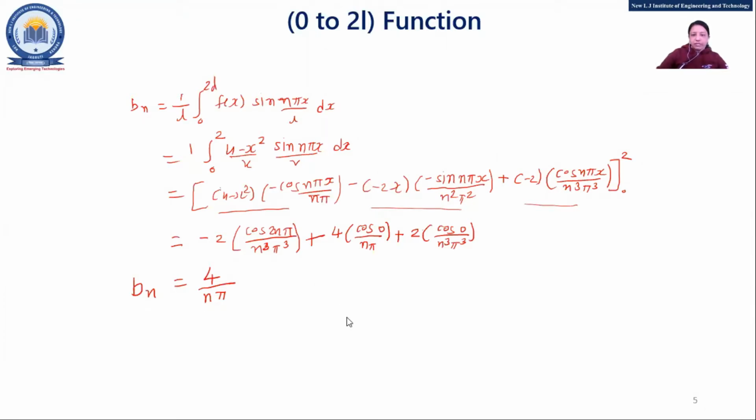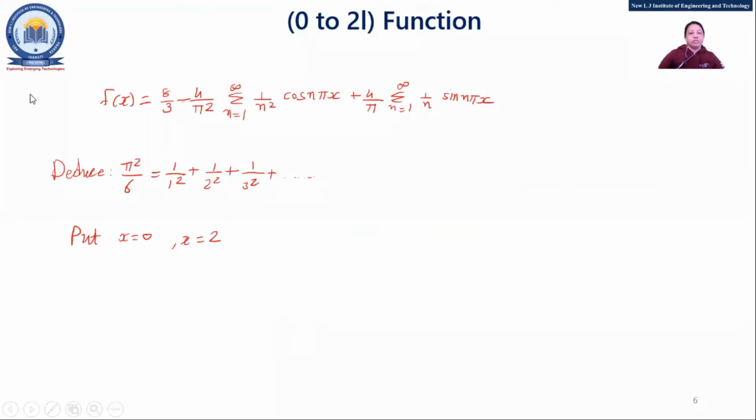Now the next thing: suppose you are asked for a deduction, that means one series is given to you, and that is our final answer. The deduction asked is, suppose, pi square by 6 equal to 1 upon 1 square plus 1 upon 2 square plus, and so on. In the last to last lecture we deduced one series.